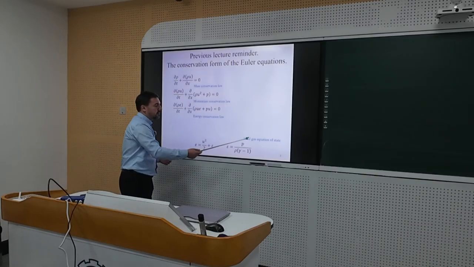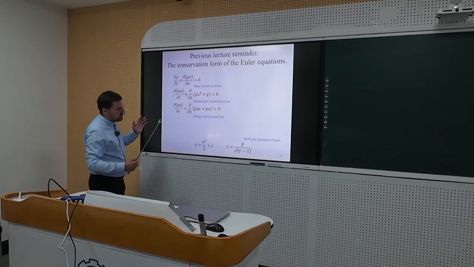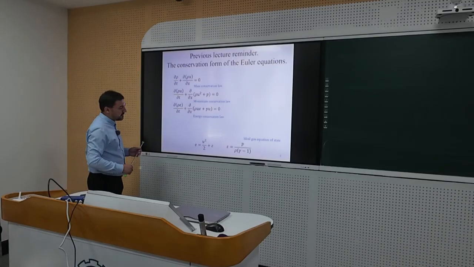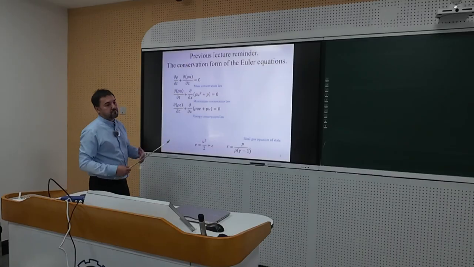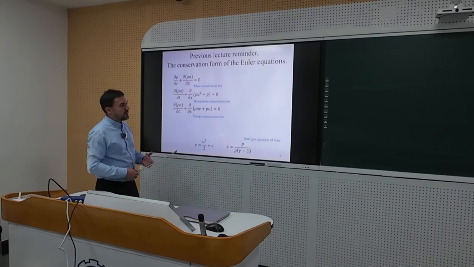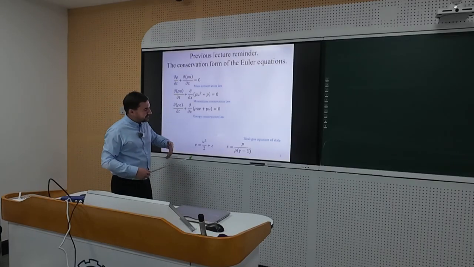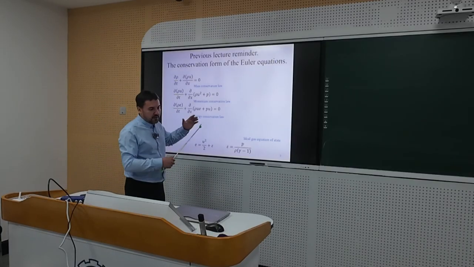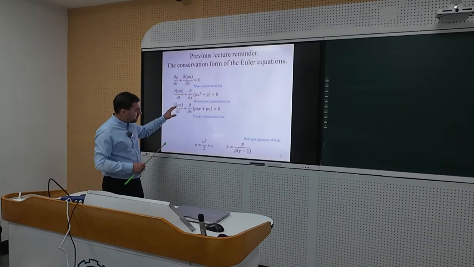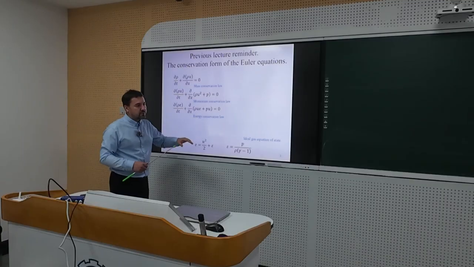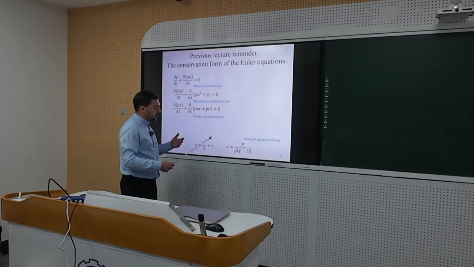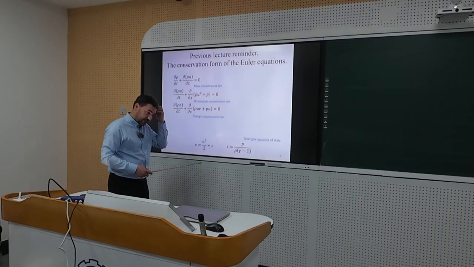So the simplest possible equation of state is the equation of state for the ideal gas. And here we should know the thermodynamics of our media. That is why, if you simulate the motion of compressible media, we should take into account the energy equation, and we should know the thermodynamical properties of our media, specifically this gamma, the specific heat ratio, for example.